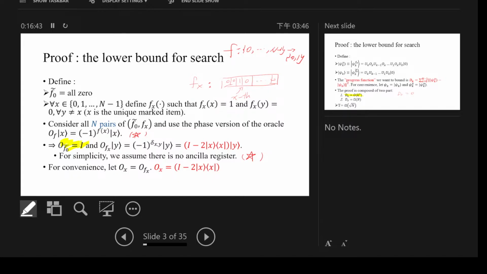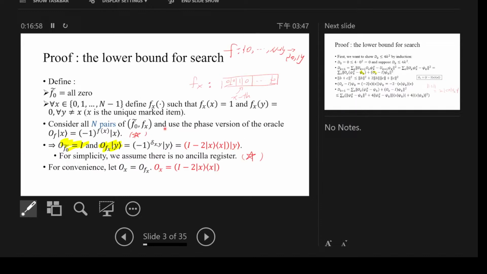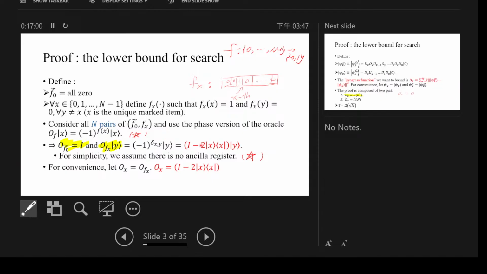Okay, so let's mark it a little bit. And then we also want to know what all the O_f_x of y are. For the definition of a progress function, we don't need to do too much. We just need to see that this thing is indexed by this small x, from 0 to n-1, so might as well just call it O_x.